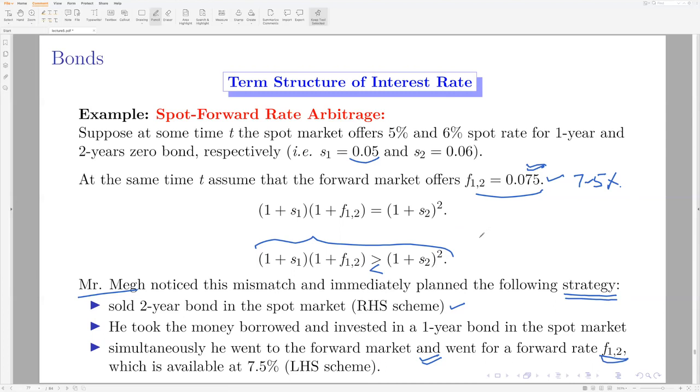Whenever there is a mismatch between the implied and market forward rate, immediately arbitrageurs will enter into the trades, and then that gap will automatically get corrected. Often in the market, an arbitrage comes and immediately goes in very little time, even in seconds. That is why generally in our theory, in the later part, we will always assume the market is arbitrage free.